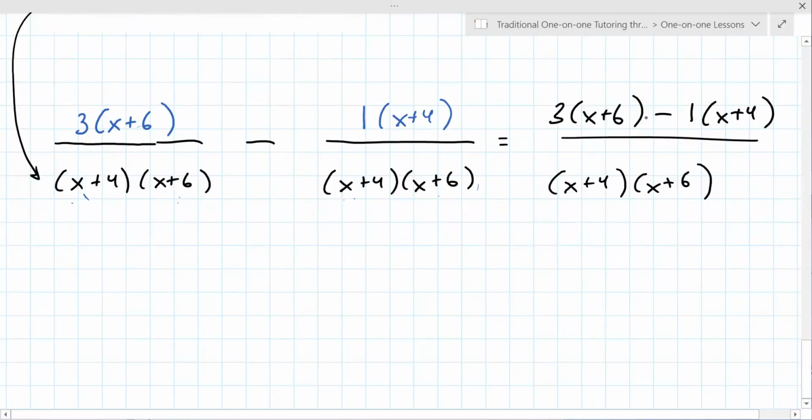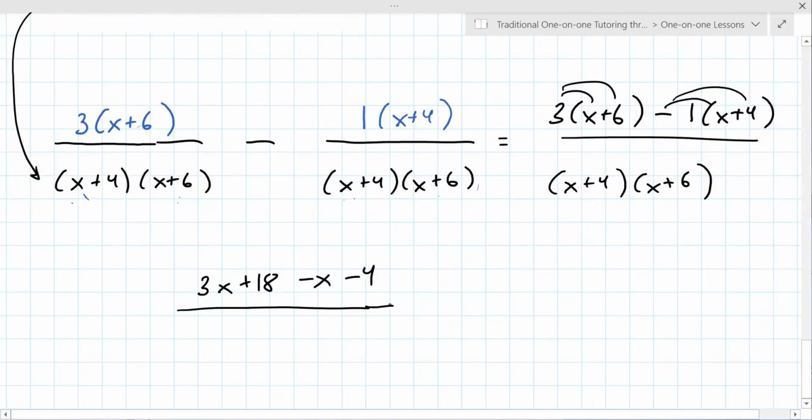So in the numerator, we're going to distribute the 3 to both, so it's going to be 3x plus 18. But this negative 1 applies to both, so it's negative x minus 4.